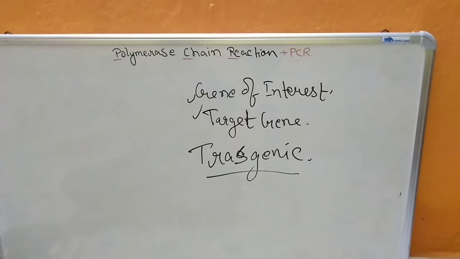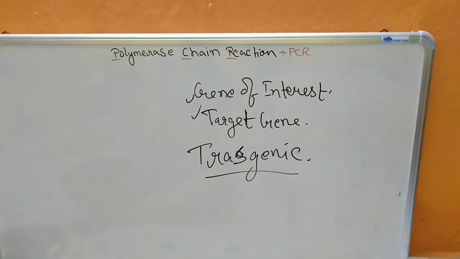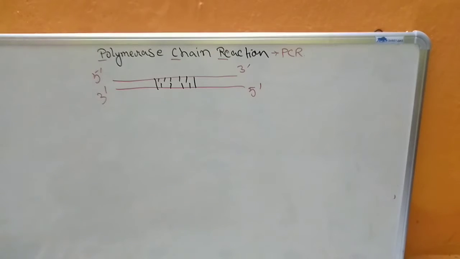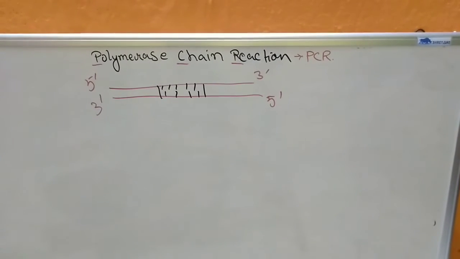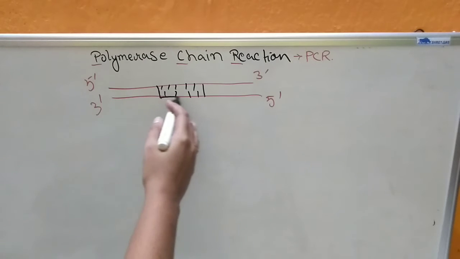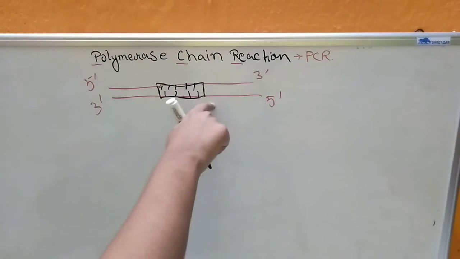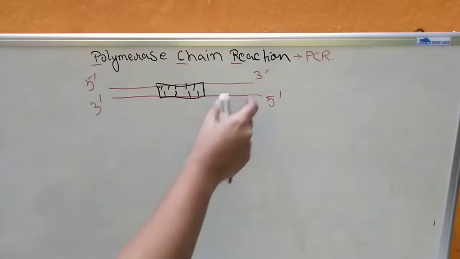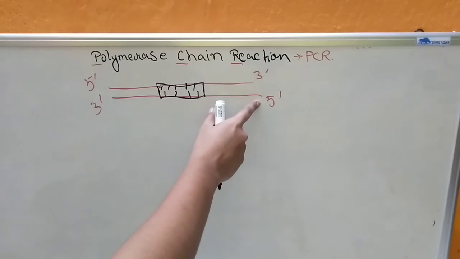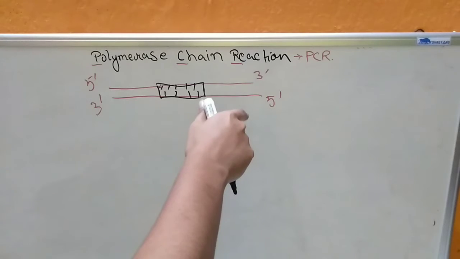Now let's study the major steps of PCR. The process starts with a segment of DNA. Inside this segment our gene of interest, or the target DNA, is placed, and some portions of the DNA are also there which do not code the desired characters.